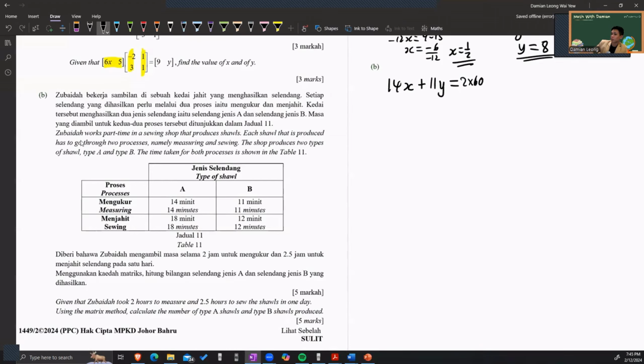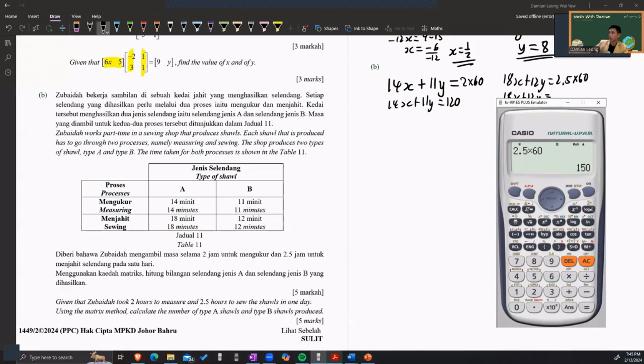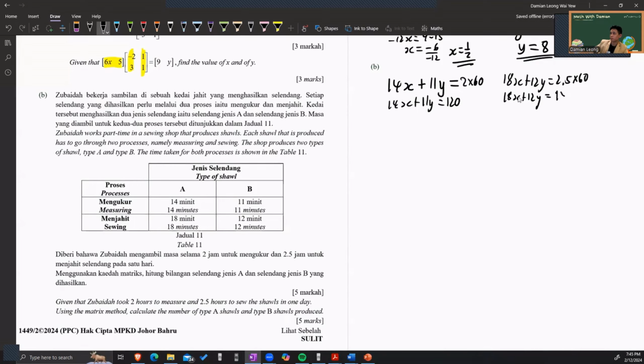So I have to put it in minutes because 14 and 11 here is minutes. Means 14x plus 11y equals 120. The other one, 18x plus 12y equals 2.5 times 60. I get 150.